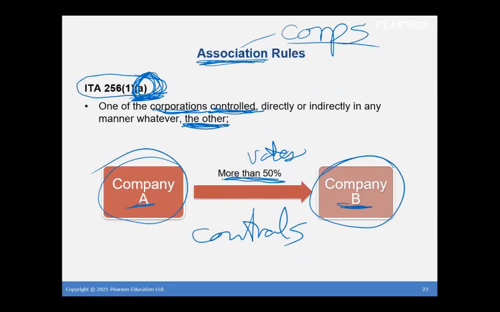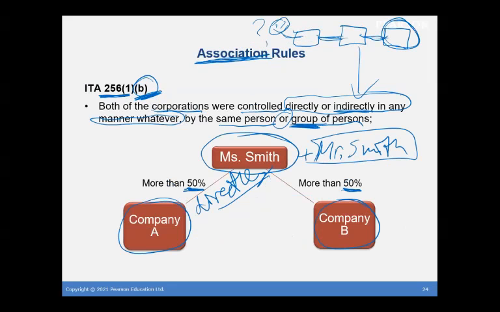So if you recall these, we started out with one company controlling another. Pretty straightforward, then they're associated. Then we got to a single person or a group of persons controlling, directly or indirectly, but in this example, directly, both companies.